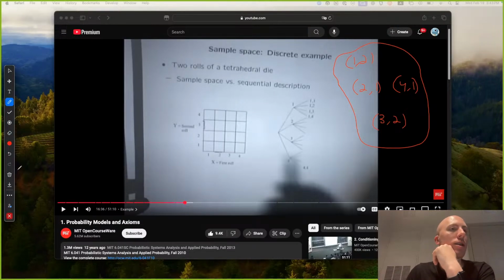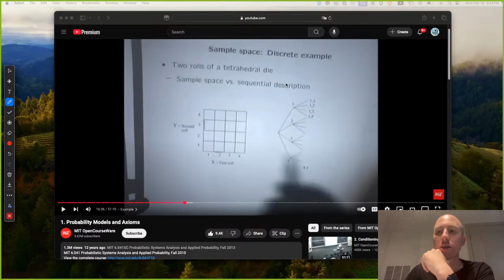But if we want to draw this in a way that highlights the actual structure of the experiment, we know how these outcomes are generated. We roll the first die, and then we roll the second die. So 2,1 is like, this is the first die, and this is the second die.